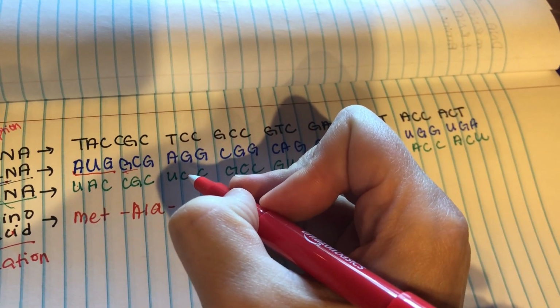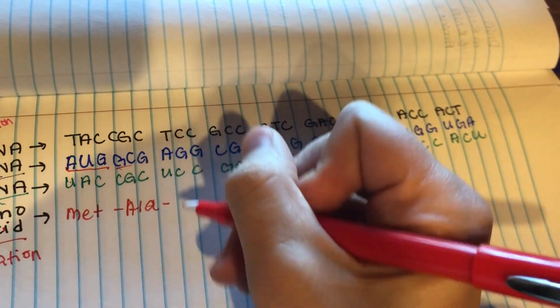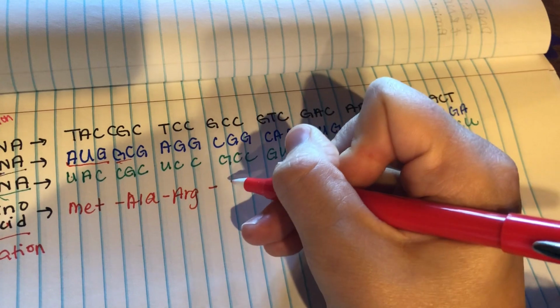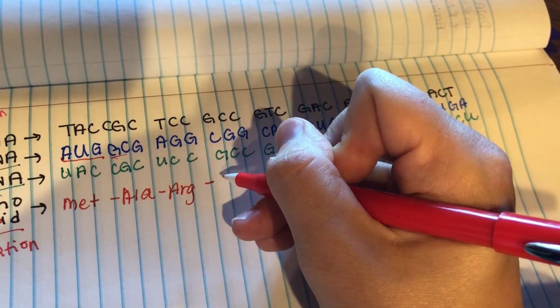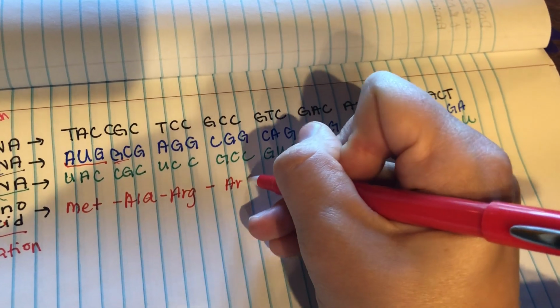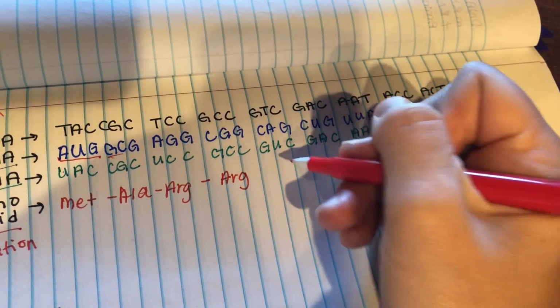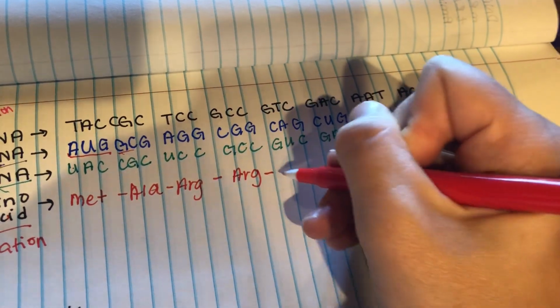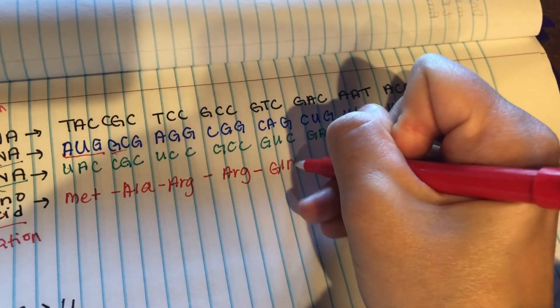So AGG is ARG. CGG is another ARG. And then we have CAG, just GLN.